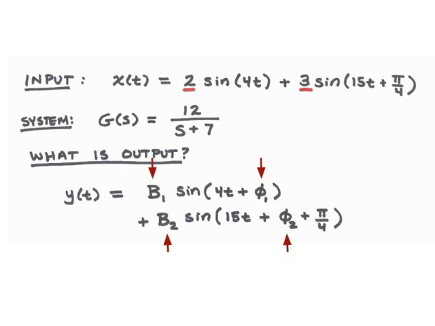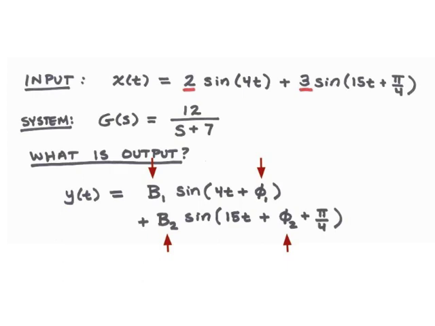Phi1 is the phase of the output at 4 radians per second in comparison to the input's phase. Since the input at 4 radians per second had a phase of 0, the output will have a phase at 4 radians per second of Phi1. Phi2 is the phase between the input and the output at 15 radians per second.